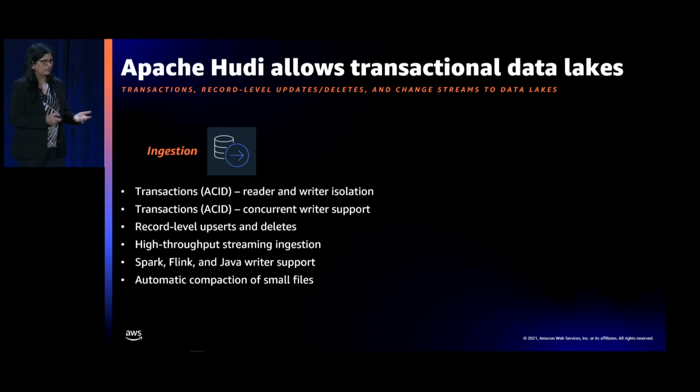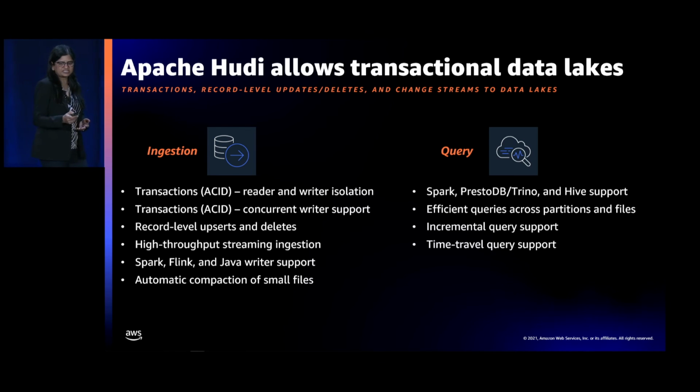So you can write your applications in any one of these frameworks and write your Hudi tables. And most importantly, it allows automatic compaction of small files. So these are some of the challenges that Hudi solves on the ingestion side.